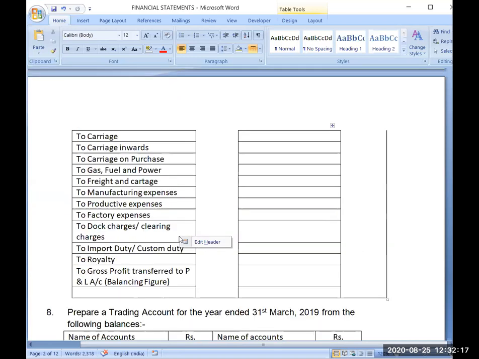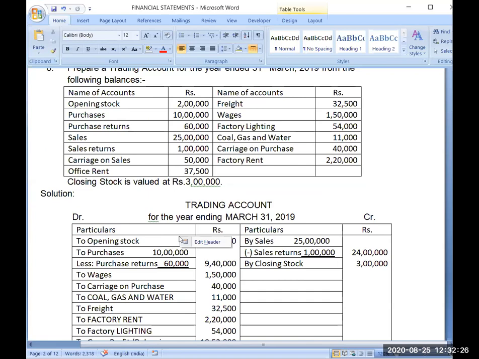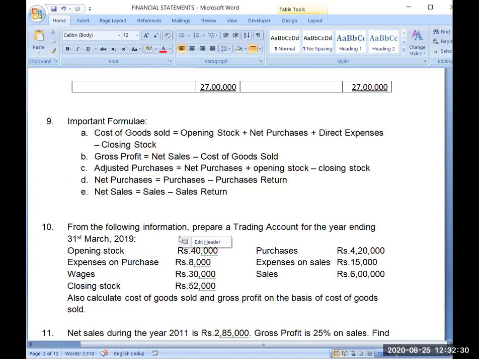Yesterday I also told how to be clear about this list logically as well as theoretically. Keep practicing. In a few days you will be able to identify the accounts which you have to write in the trading account. But start early. Now, on the basis of this format, there are some important formulas also.